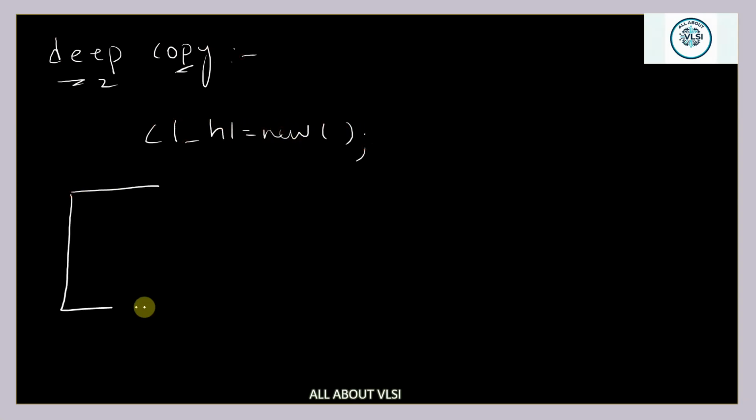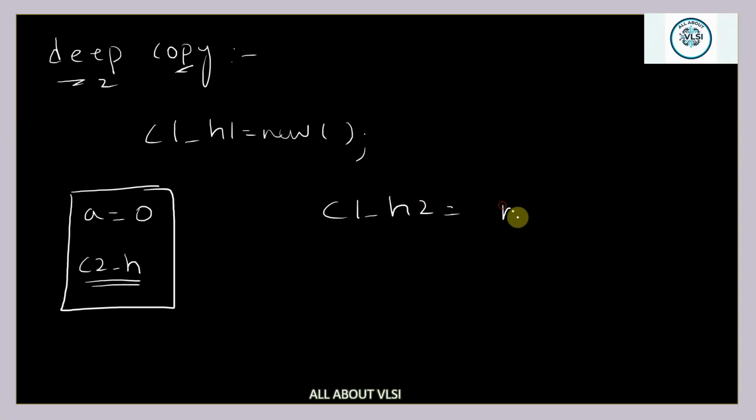So in my deep copy, I've already created my object for c1_h1. That is, c1_h1 now has an object with the value of a equal to 0, and it also has the handle for c2_h. Now what I've done over here is c1_h2 is equal to c1_h1.copy.